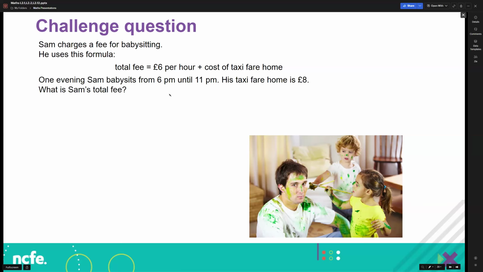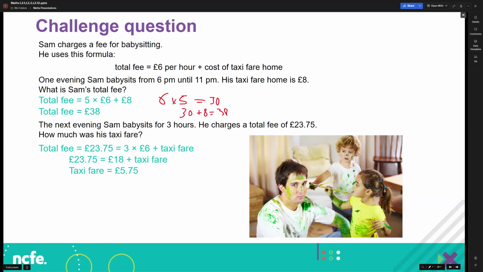So 6 times by 5 equals 30, and then 30 plus the cost of taxi fare home, which is £8. 38, right? I think the presentation will agree with me.